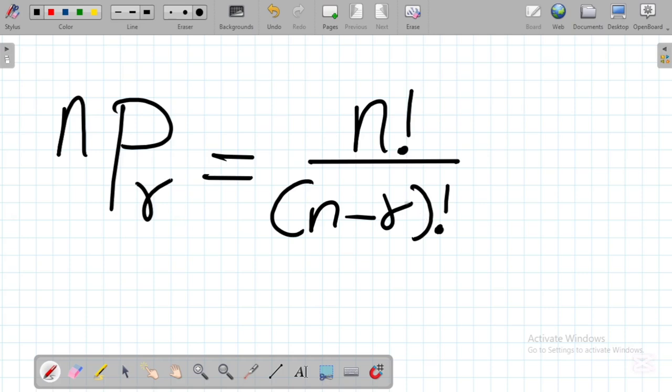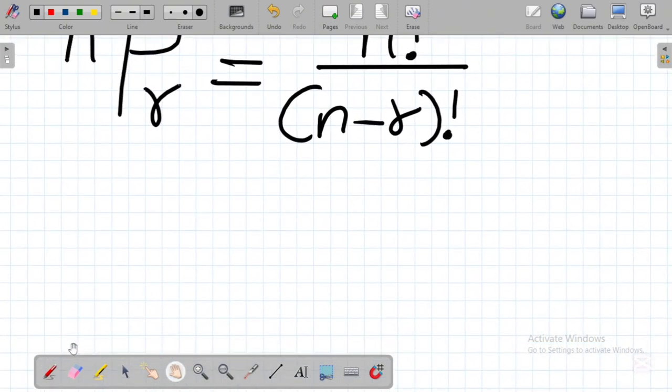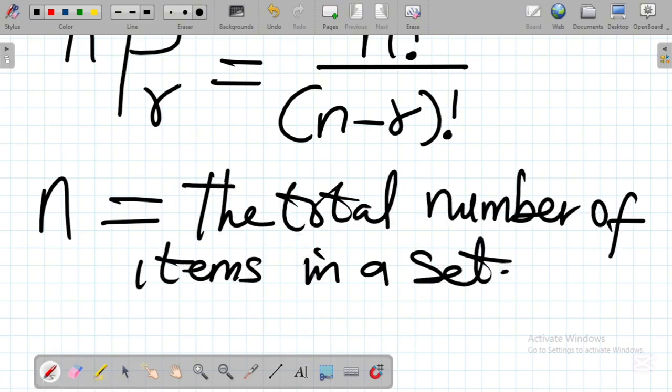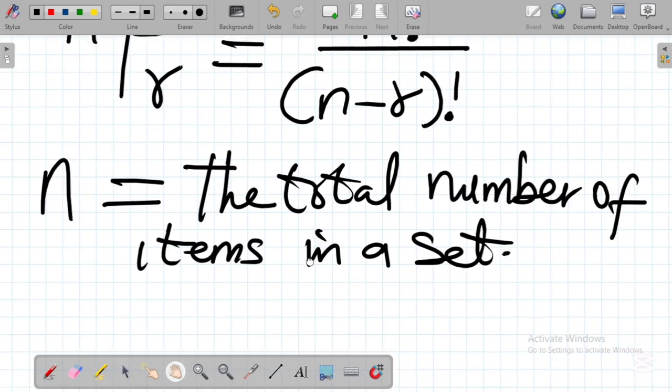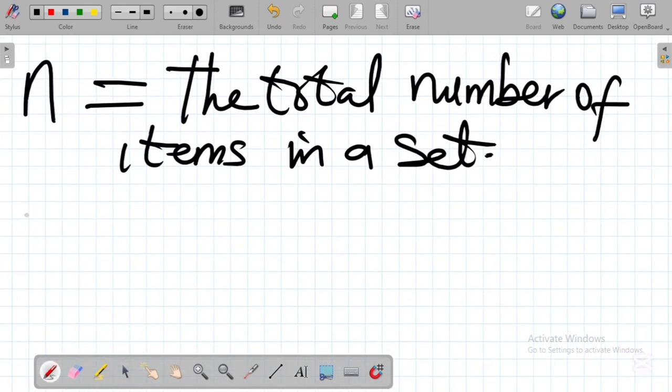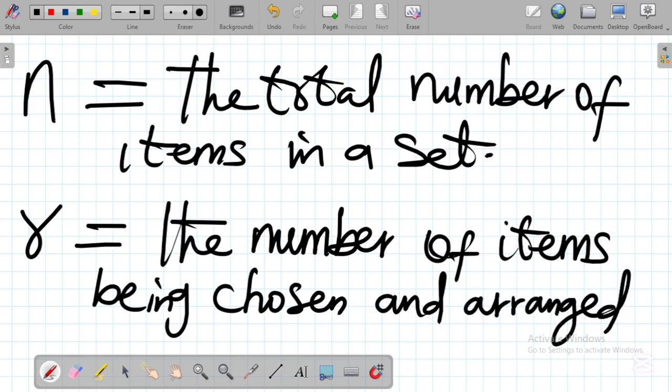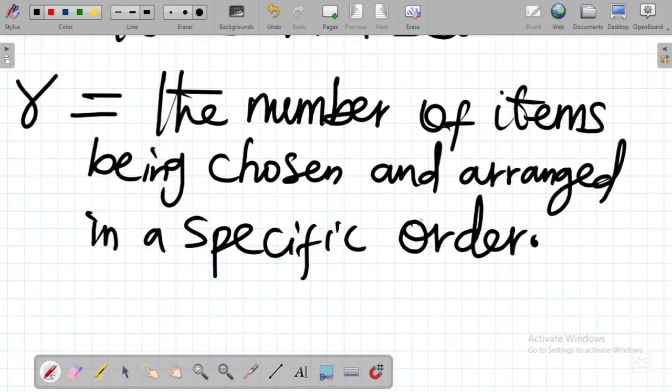So this is the formula for finding permutation, where n is equal to the total number of items in a set, and then r is the number of items being chosen and arranged in a specific order.